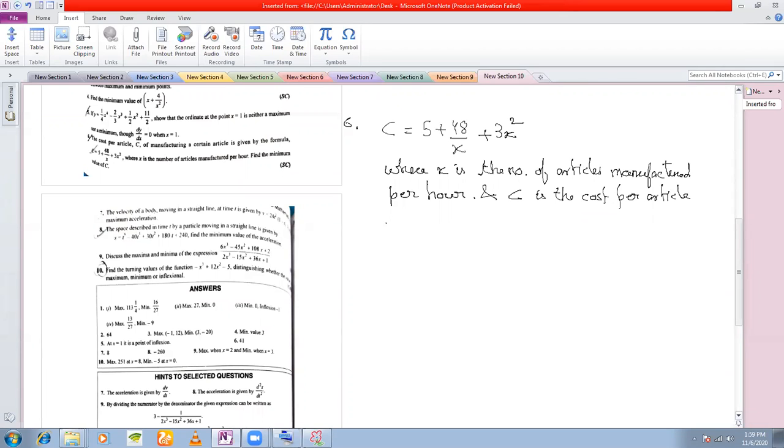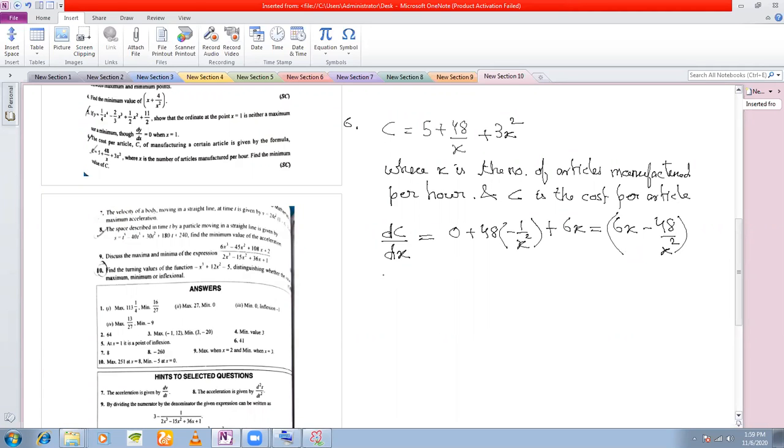First of all, we are going to differentiate this, dC/dx. dC/dx will be 0 plus 48 into minus 1/x square plus 6x, so this will be 6x minus 48/x square.